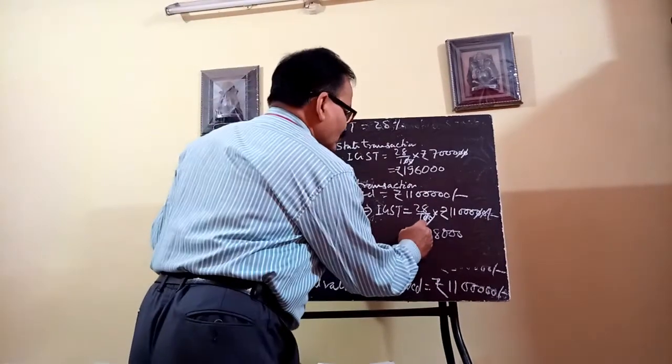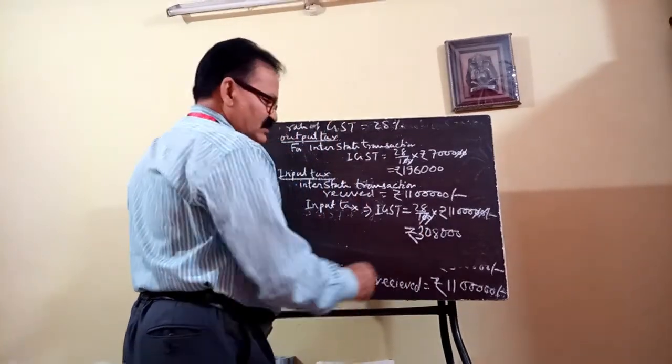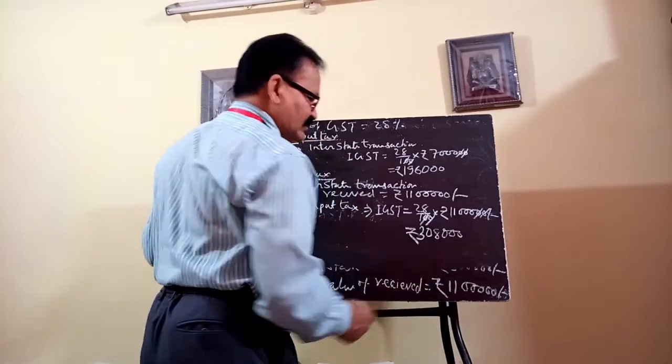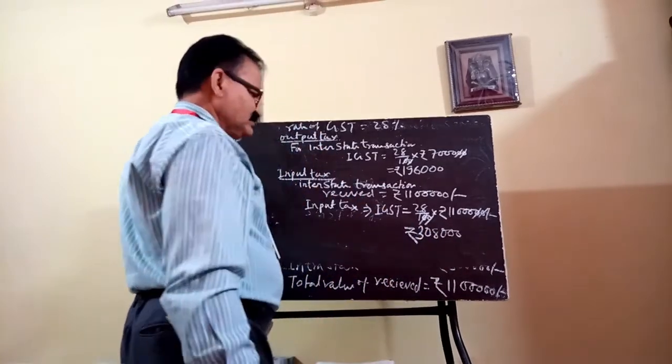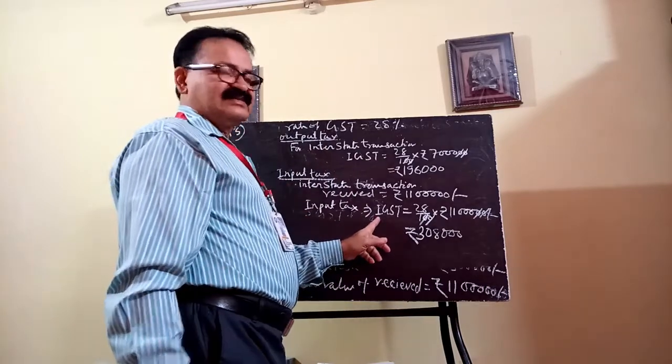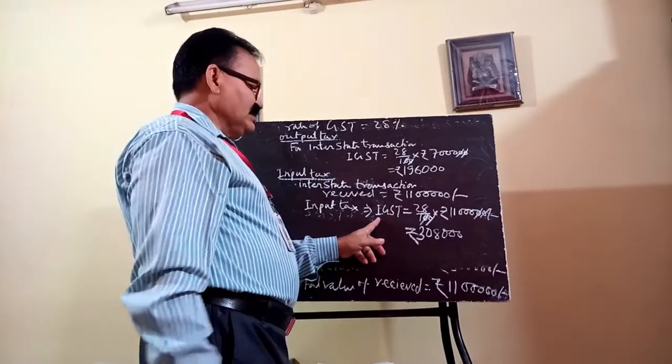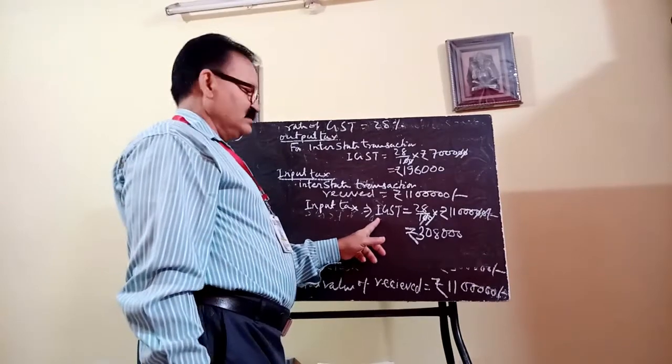So this is your rupees 3,08,000. This is your input tax credit for IGST because the transaction is with the other state.